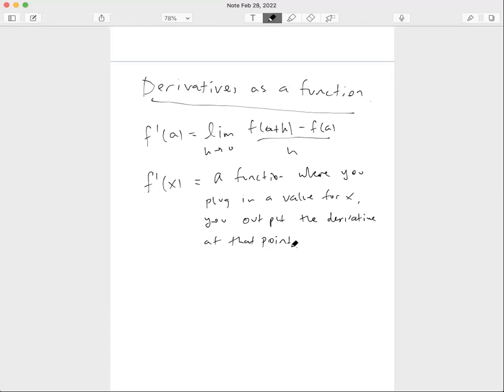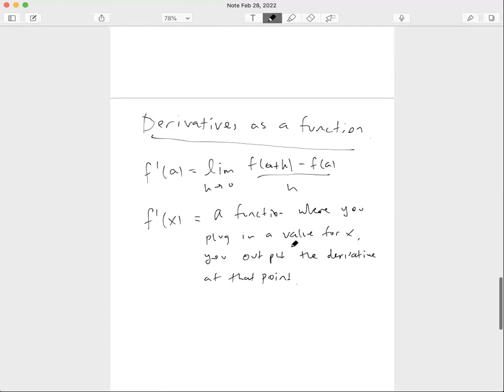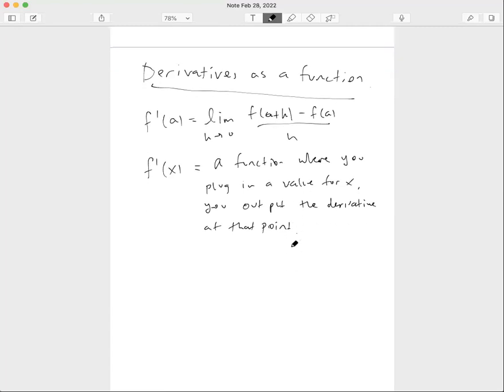Sometimes you can do this, and sometimes you can't. Sometimes, like in our piecewise function, the derivative didn't exist. It wasn't a function at x equals 0. If you plugged in 0, it wouldn't work.